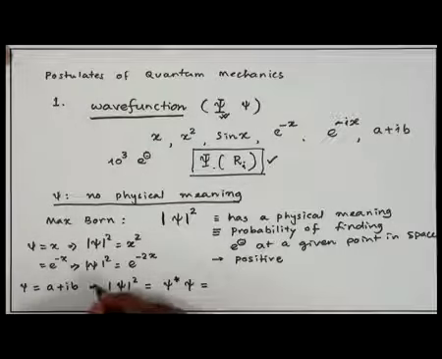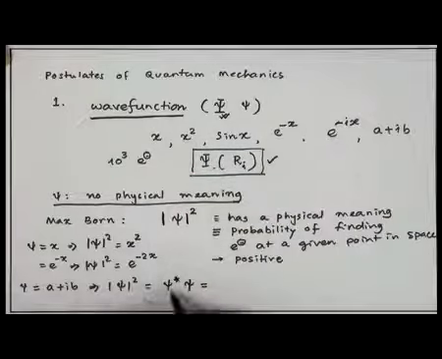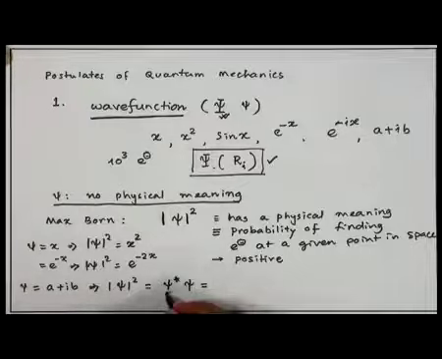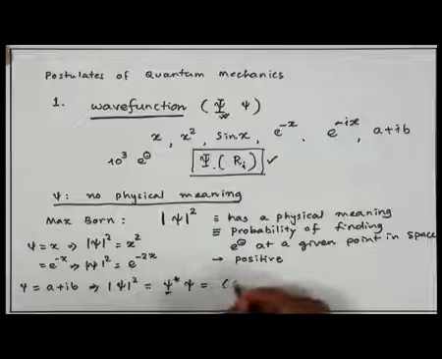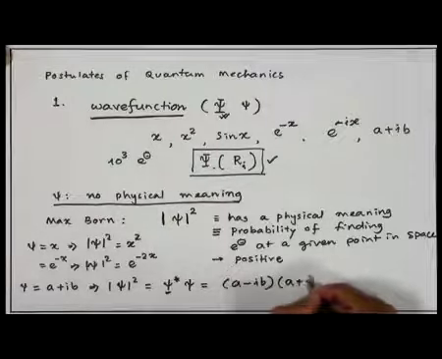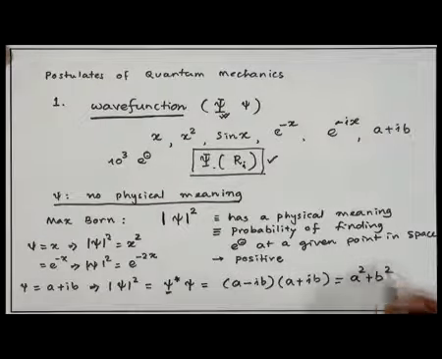As long as your function is real, like x, x square, sin x, or e to the power minus x, we do not have to write in this format. But if your function is complex like a plus i b, then I must find the complex conjugate, which is a minus i b, and multiplying by a plus i b gives me a square plus b square.